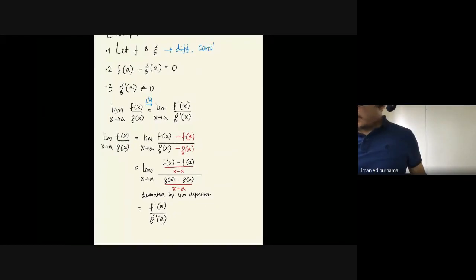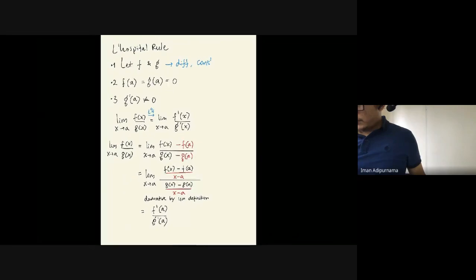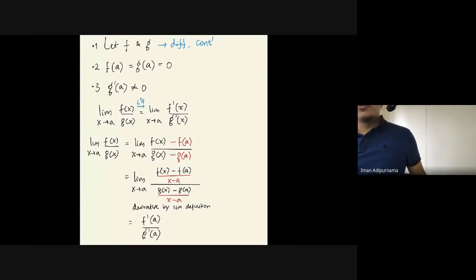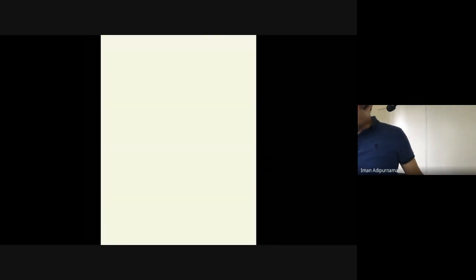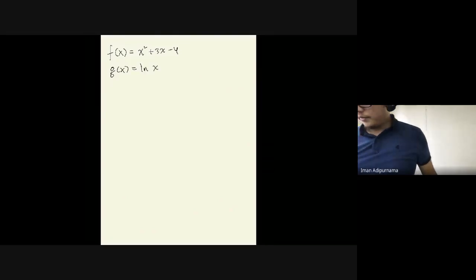Let me show you another way to see the L'Hopital rule. Not just with general functions.